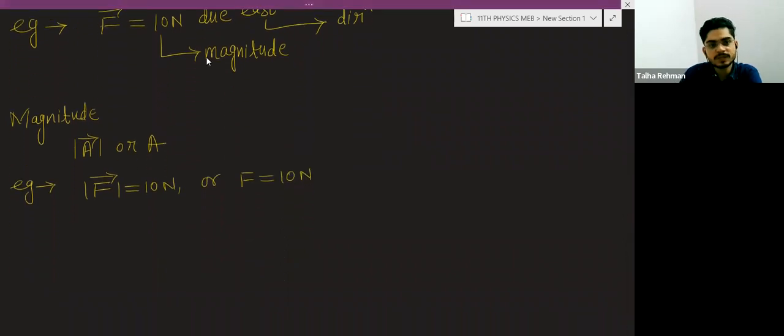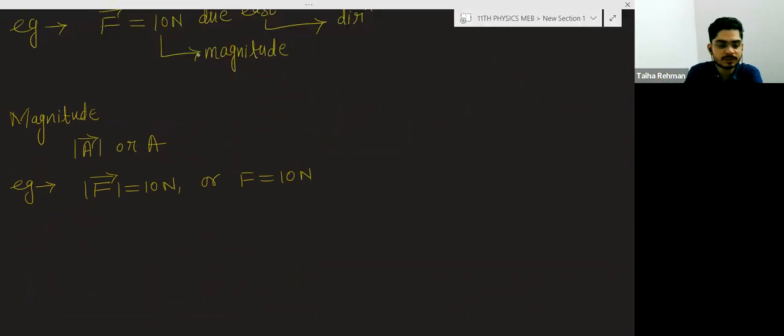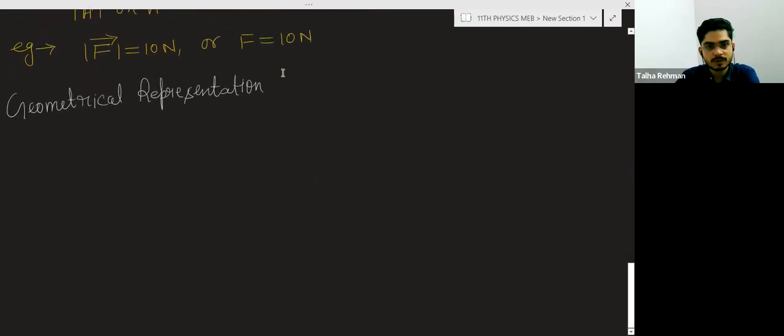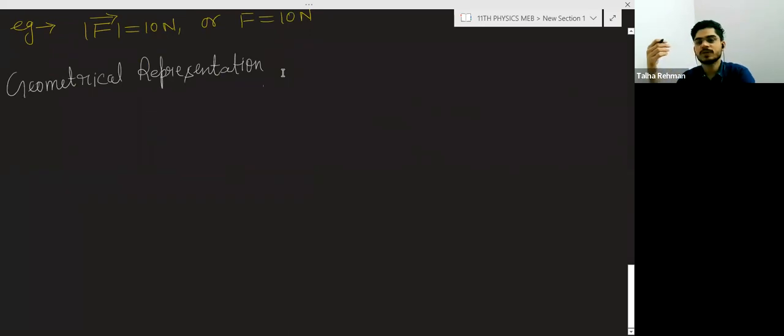Now there is the geometrical representation of the vector. This chapter, you may feel like it is a boring chapter, but believe me, this chapter is one of the most important chapters, because the vectors we will use throughout the physics.